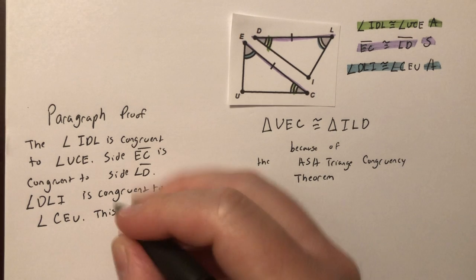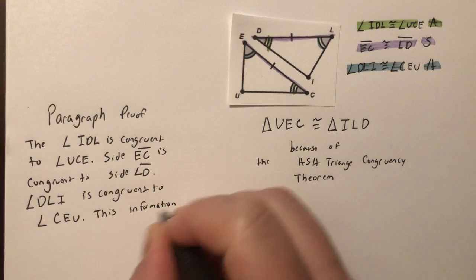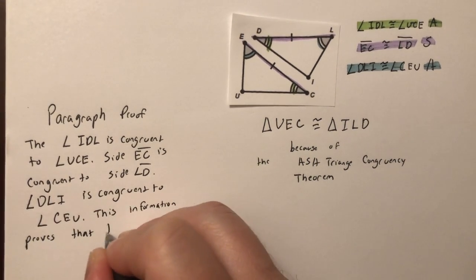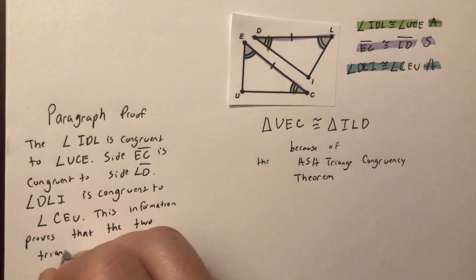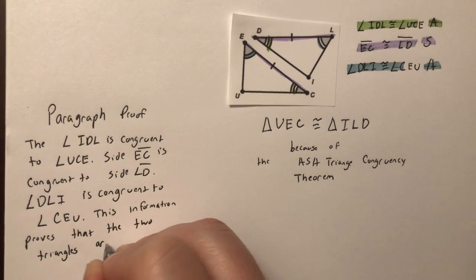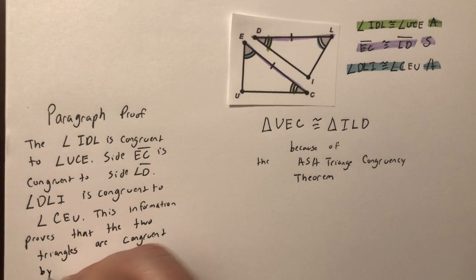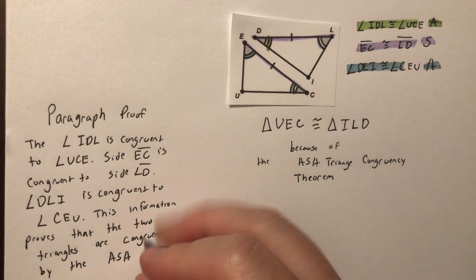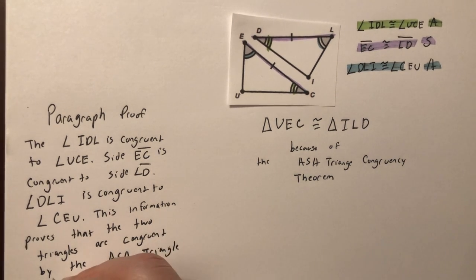This information proves that the two triangles are congruent by the ASA triangle congruency theorem.